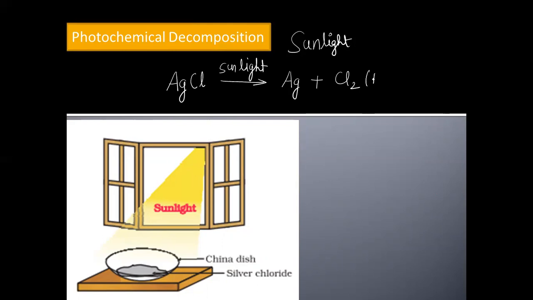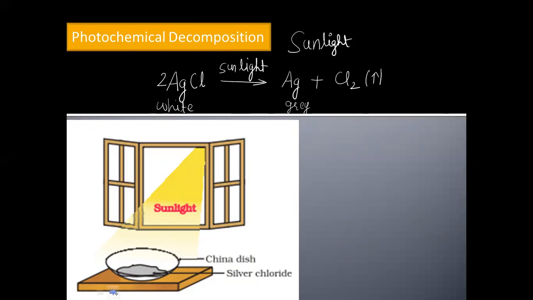Chlorine gas is formed. This arrow can represent evolution of gas. Right now, what happened in this case? Silver chloride is placed in the china dish in the sunlight, and after some time, this white colored silver chloride gets changed into gray. Why gray? Due to the formation of silver.